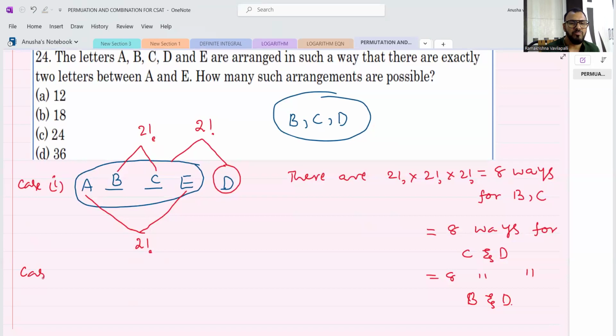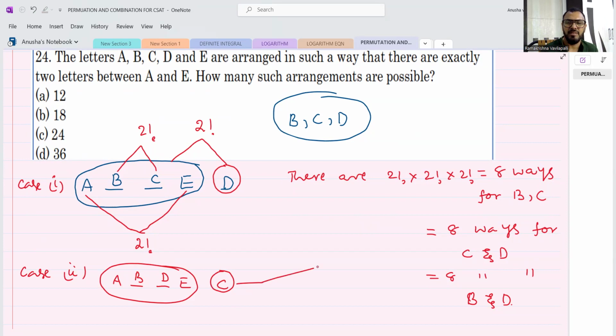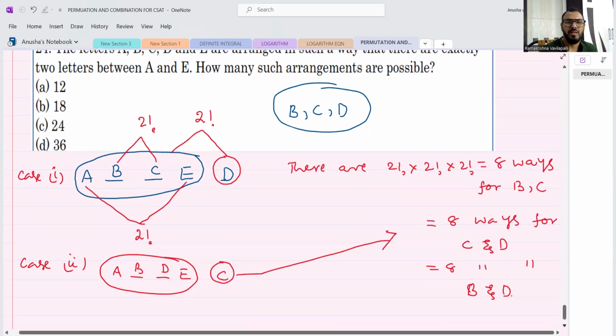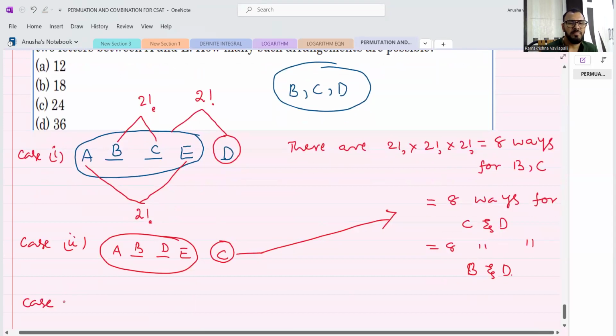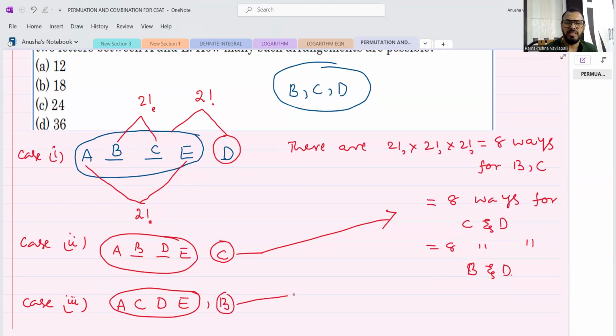I'll write it if you want. Case 2, same procedure: A, B, D, E, and now outside is C. For this also there are 8 ways. Next, case 3: A, C, D, E is one object, and outside is B. Every case is symmetric.